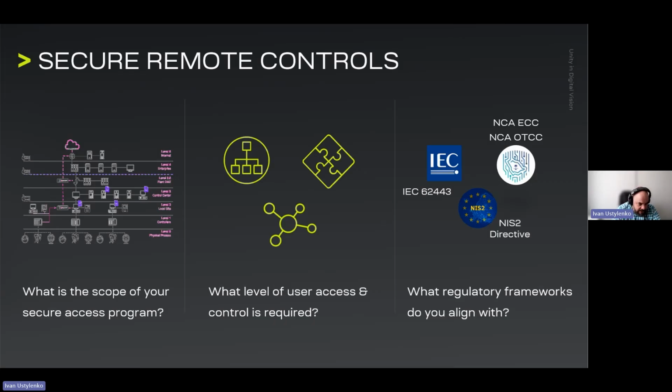Where are they located in terms of geographical location, but also in relation to the Purdue model that is typically used to describe OT environments? Are they limited to IT infrastructure maybe, so just servers and workstations, or do they include field devices like programmable logic controllers that are in closest proximity to the analog world, so to say?